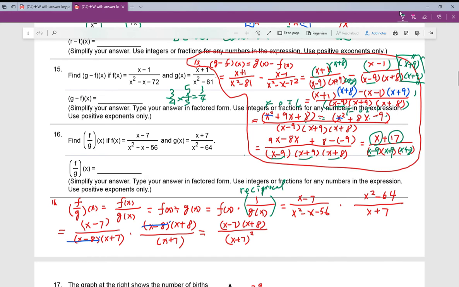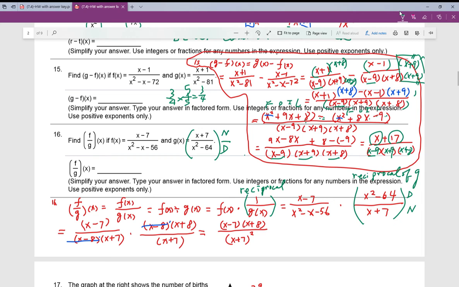It means the reciprocal of the function g. For the reciprocal of g, you simply turn it upside down: the numerator becomes the denominator, and the denominator becomes the numerator. So you can make division become multiplication.